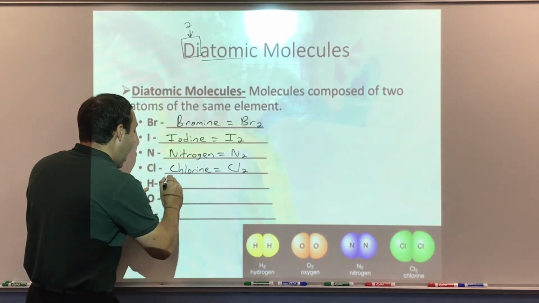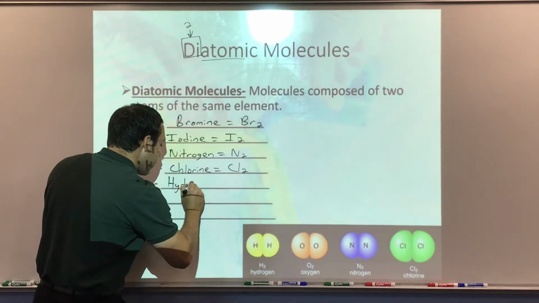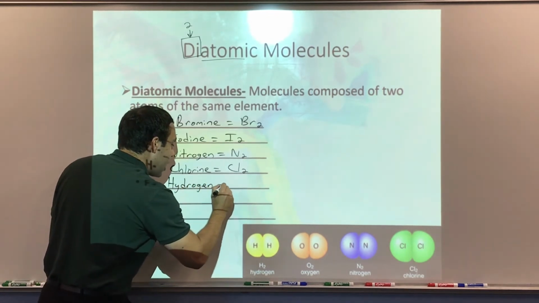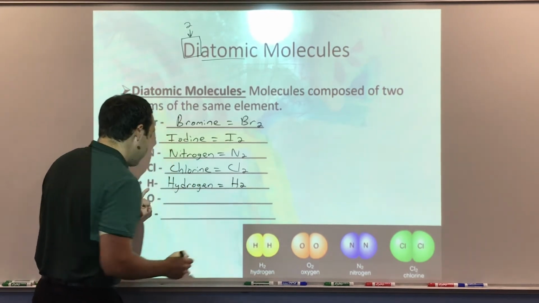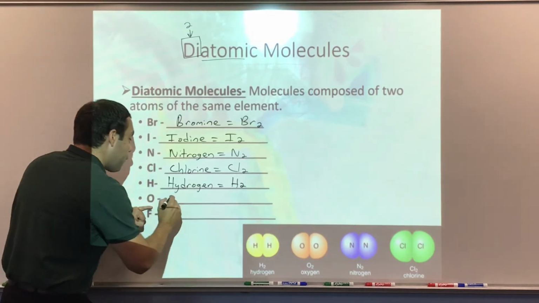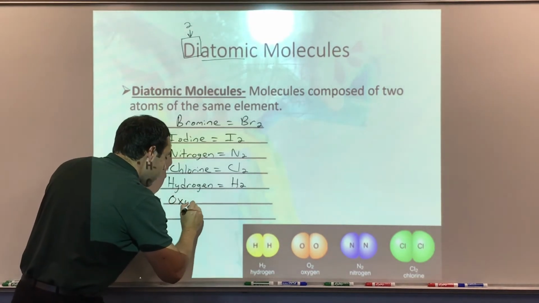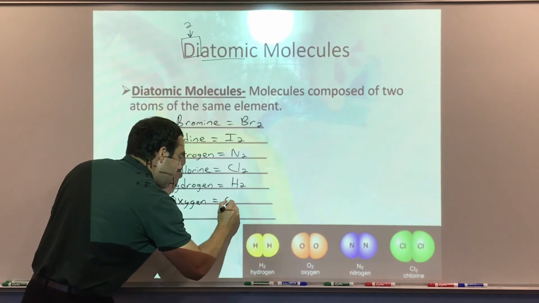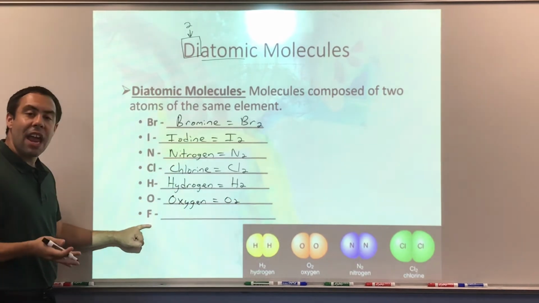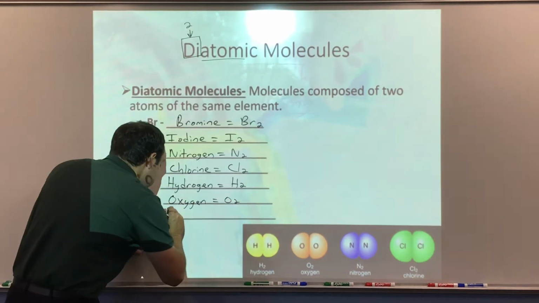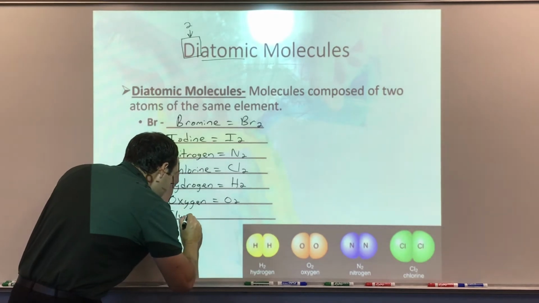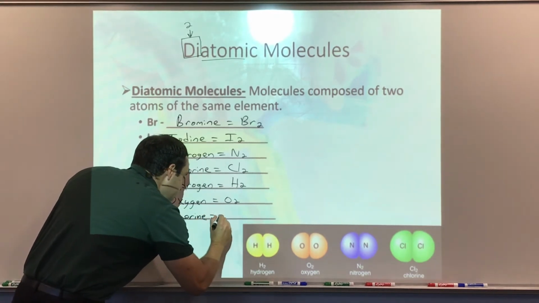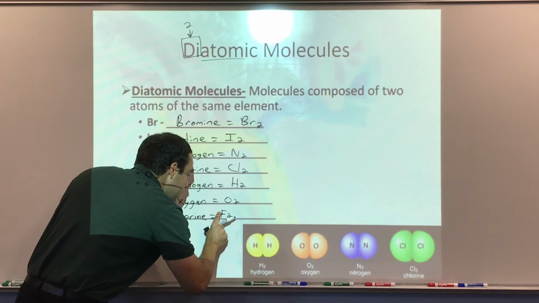H for hydrogen, represented by H2. O for oxygen, represented by O2. And finally, fluorine, represented by F2.